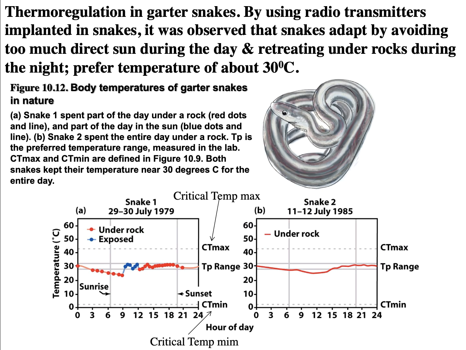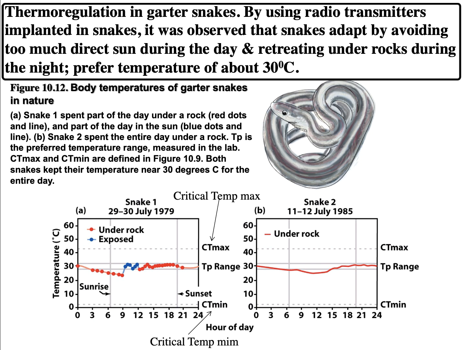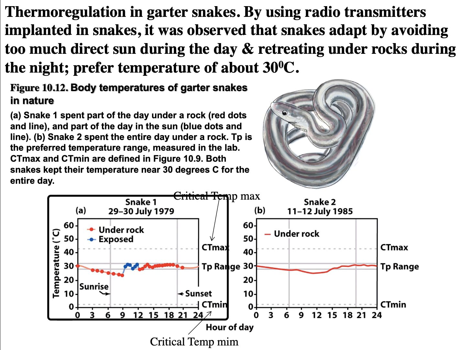They were able to put radio transmitters on the snakes, and then they observed their behavior, whether they were under a rock or exposed, and found that they maintained their body temperature by moving either under the rock at night to maintain their heat by using some of the heat from the rock, or during the day, if they were too cold, they would get out into the sun to warm them up.